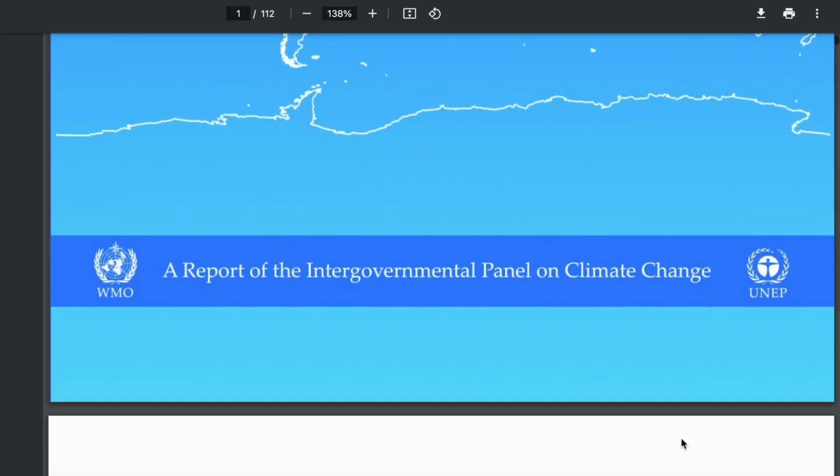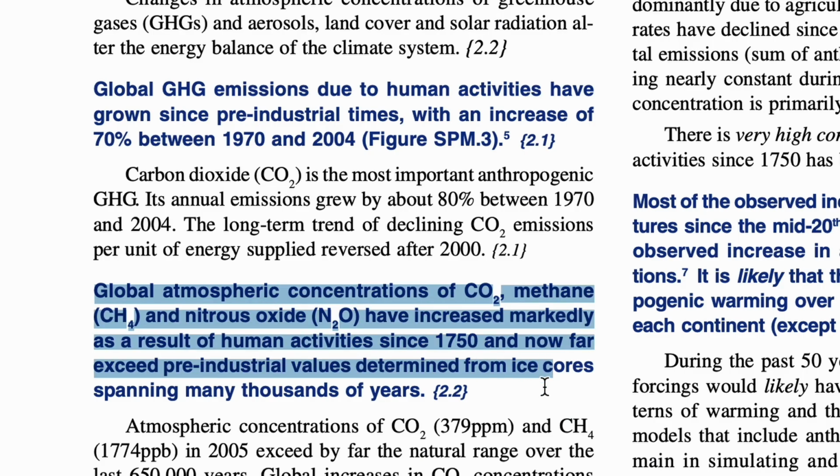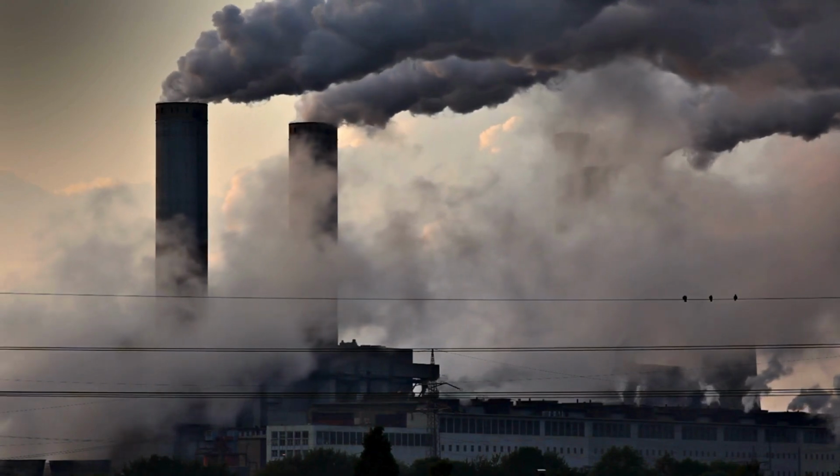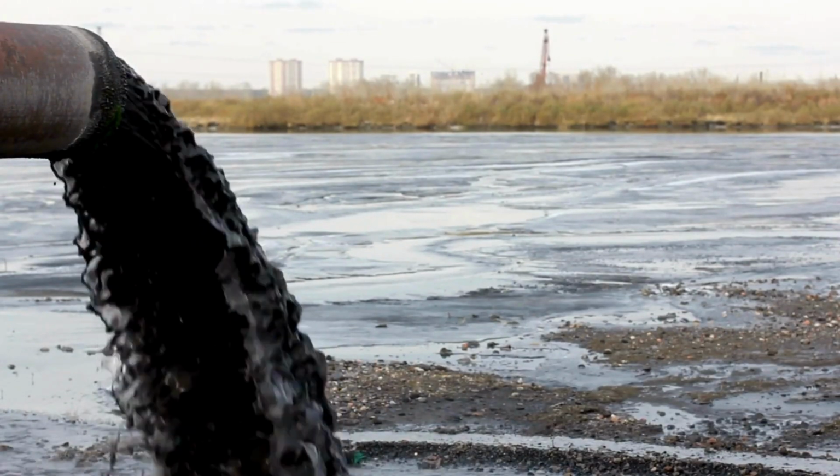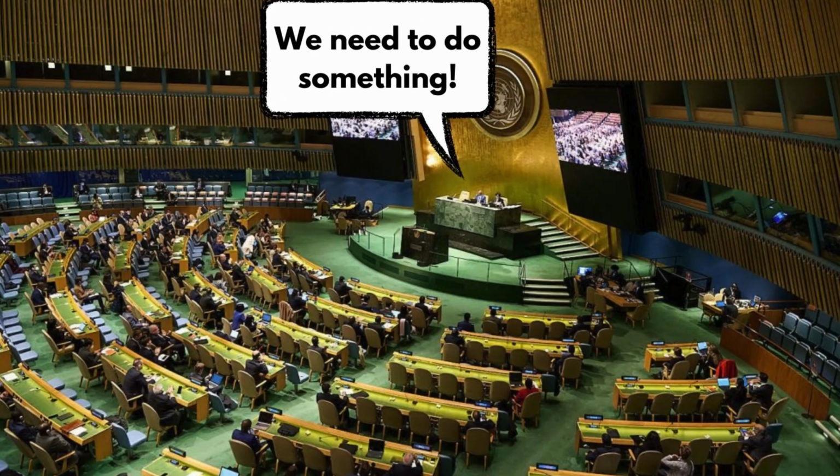In 2007, the United Nations Intergovernmental Panel on Climate Change produced a report that provided some robust evidence that human activities were the primary driver of global warming observed since the mid-20th century. They warned that climate change impacts could have devastating effects on our planet. And that sounded the alarm for the UN to do something.